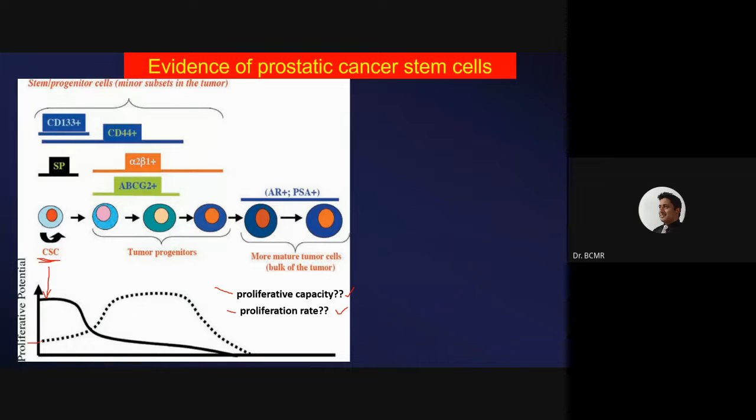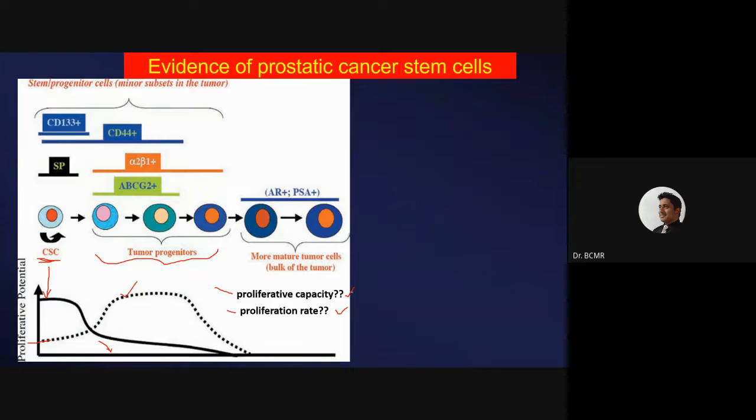The rate of proliferation, however, is very low. They will divide only when there is a need. The tumor progenitors, which are analogous to transit amplifying cells, have a high proliferation rate. They divide very rapidly, but they have very little proliferative capacity.